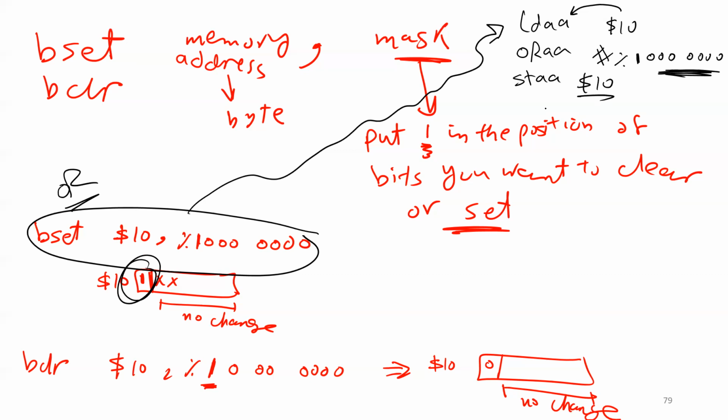You got what I'm saying? You got what I did here? So I'm gonna read the byte. Then when I do OR, bit number 7 is gonna be 1. The other bits will not change because this is how OR works. 1 is gonna put 1. 0 is gonna make no change. Then I'm gonna store it back in 10. Any questions?